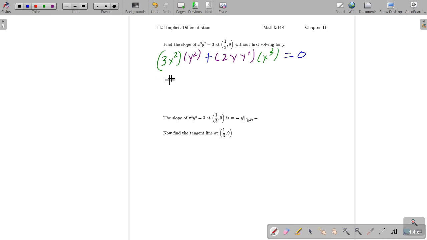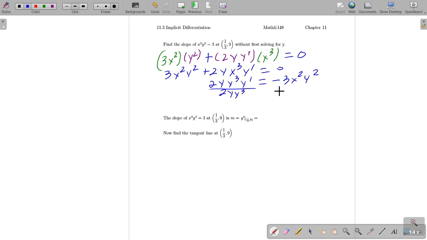So we have 3x squared y squared plus 2y x cubed y prime equals 0. 2y x cubed y prime equals the negative of that, negative 3x squared y squared. So divide by 2y x cubed. And y prime is going to be negative 3 y over 2x.